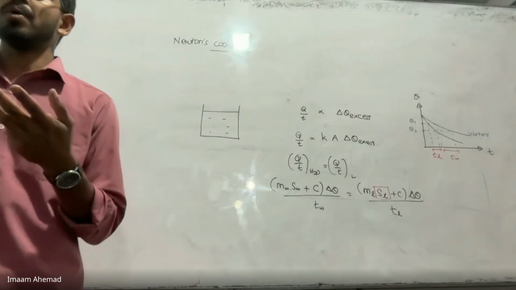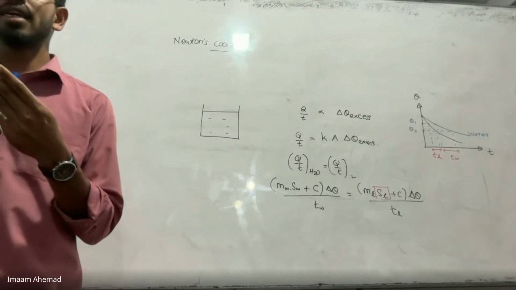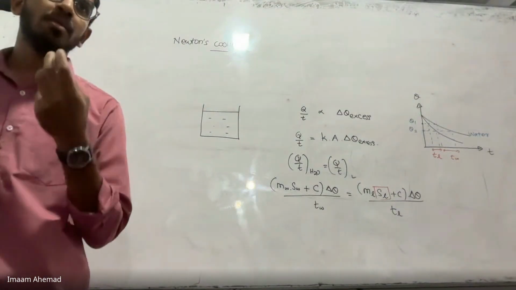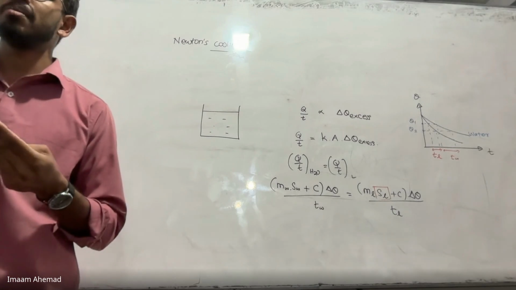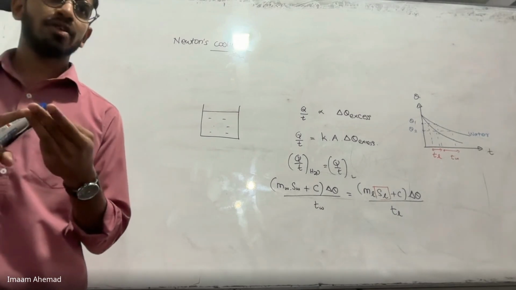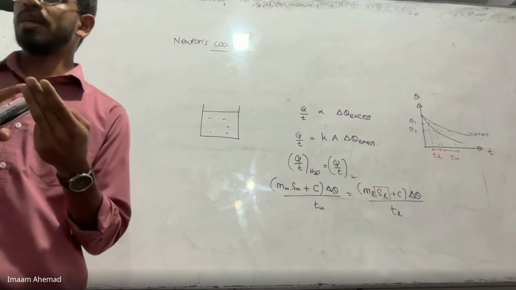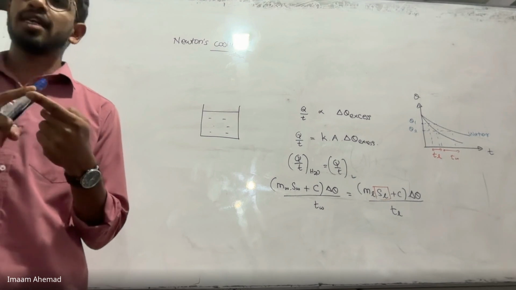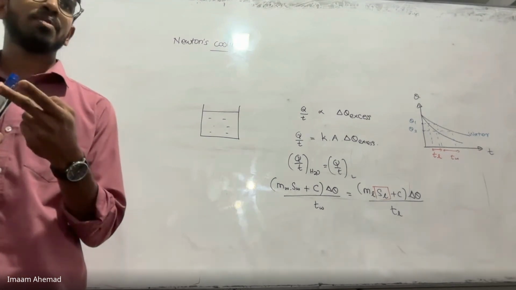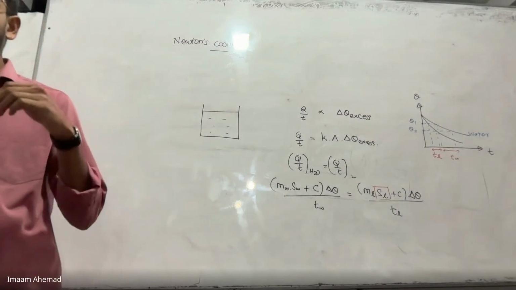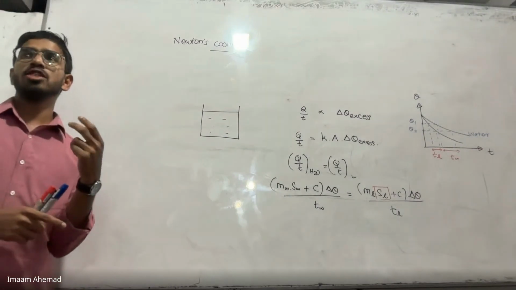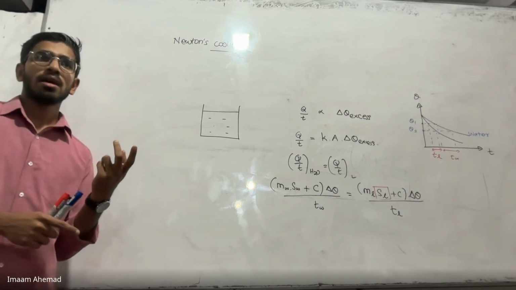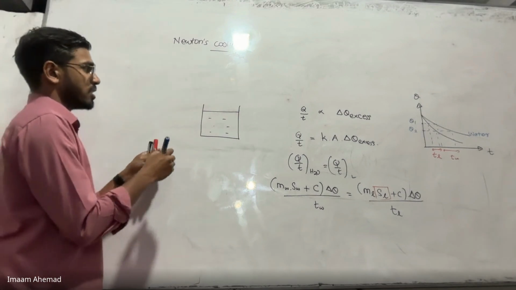Now, how should Newton's cooling law lose energy? By convection, right? It should lose energy by convection. Then we have to minimize conduction and radiation. Now, how can we minimize energy loss by conduction? One, we can isolate the system.